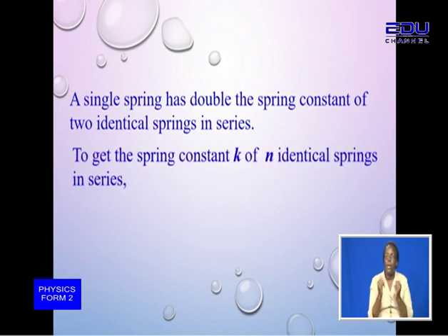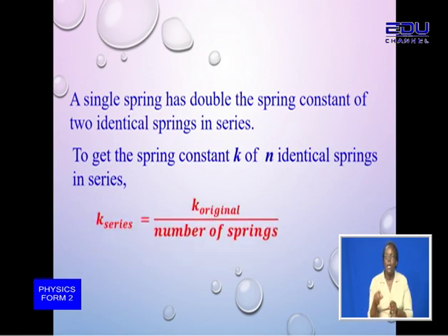Now, to get the spring constant K of n identical springs in series, what do you do? You will simply take the original spring constant and divide it by the number of springs that you have.